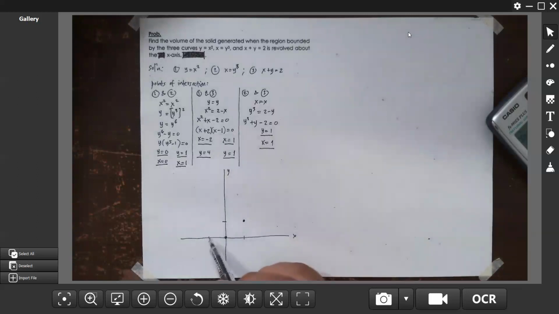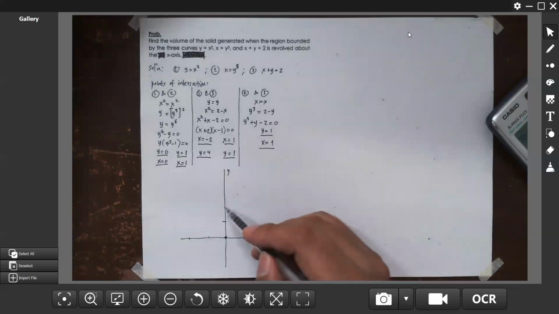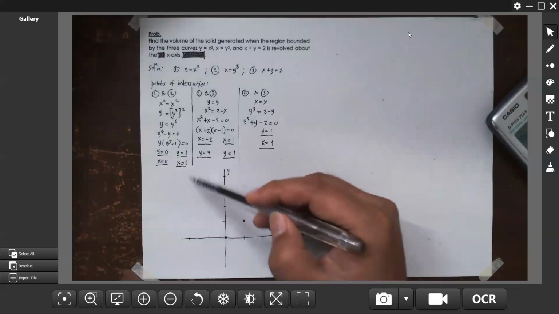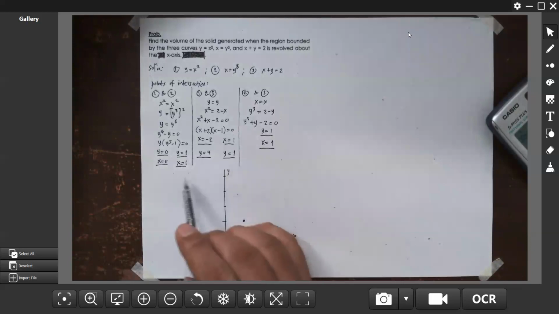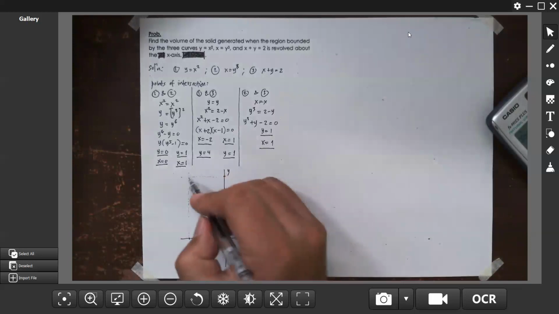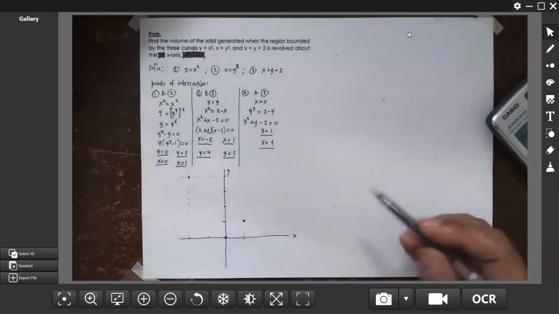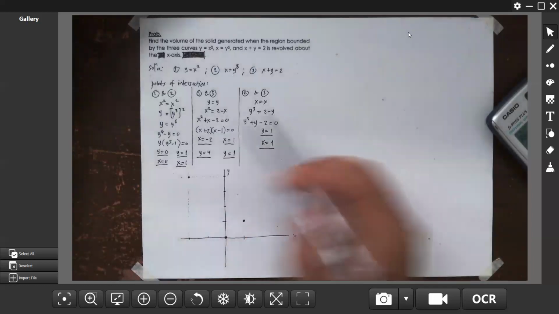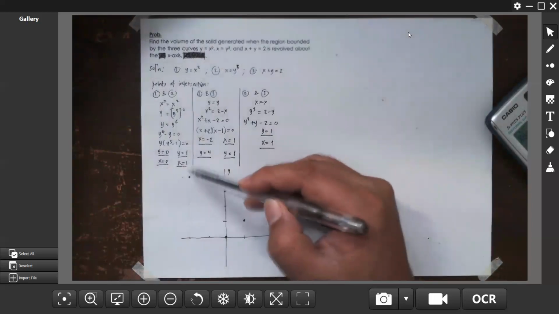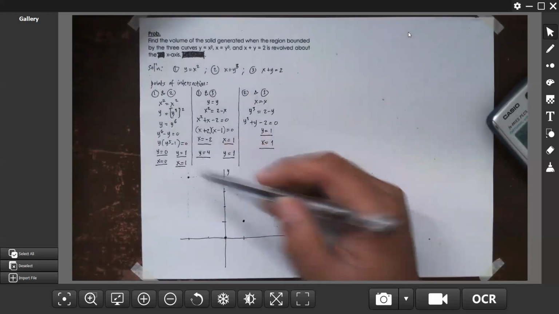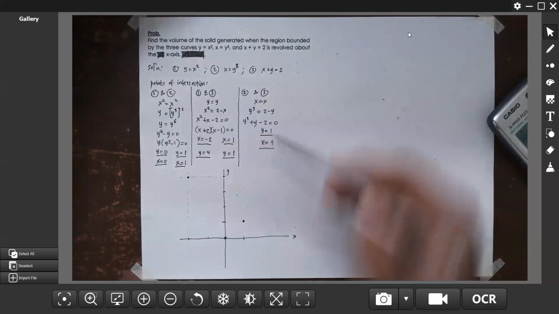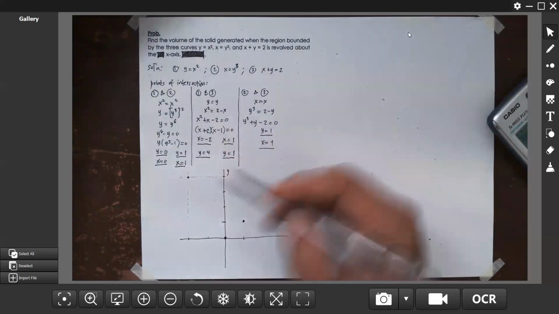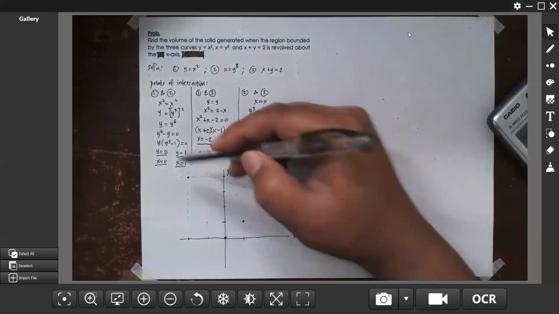Curve 1 is a parabola opening upward, x squared, and curve 3 is a line. Then we have the second curve. So let us draw.